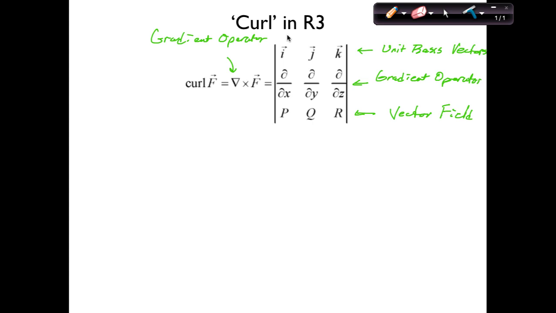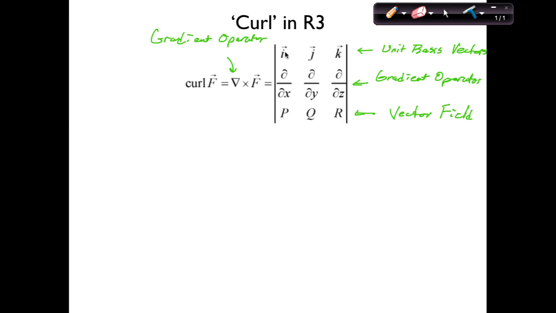So what will it be? The i component will be the partial of R with respect to y minus the partial of Q with respect to z. Is that the one we just did? That's the one we just did on the previous screen. And what about k?